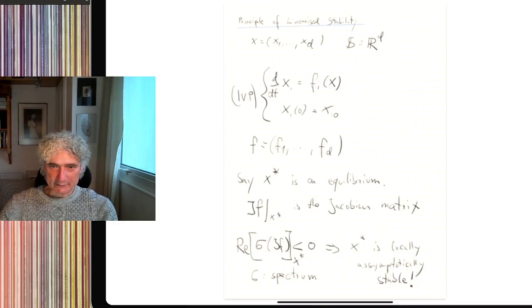This is a very simple criterion on stability, and therefore the principle of linearized stability might actually be one of the most important theorems of applied mathematics, because it is immensely important to know when equilibria are stable or not stable.